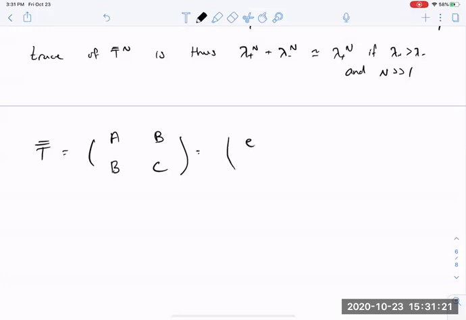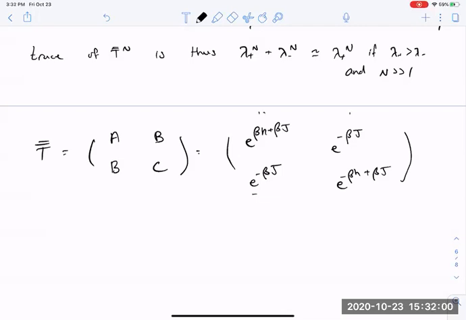This is specifically e to the beta H plus beta J, e to the minus beta J, e to the minus beta J, and e to the minus beta H plus beta J. Again, for 1, 1, 1 minus 1, minus 1, 1, and minus 1, minus 1.